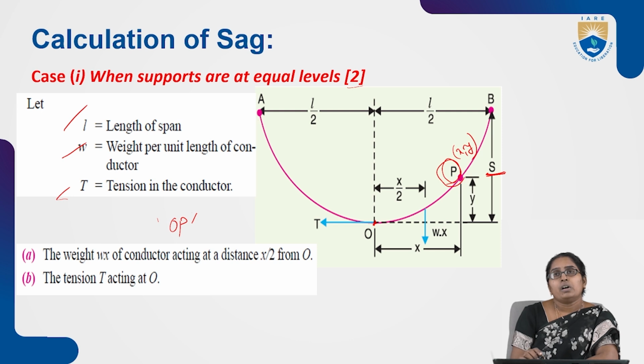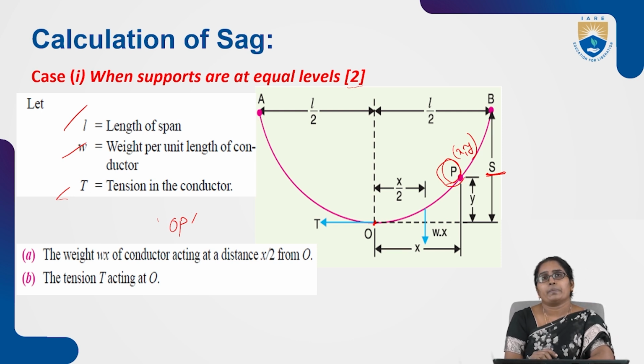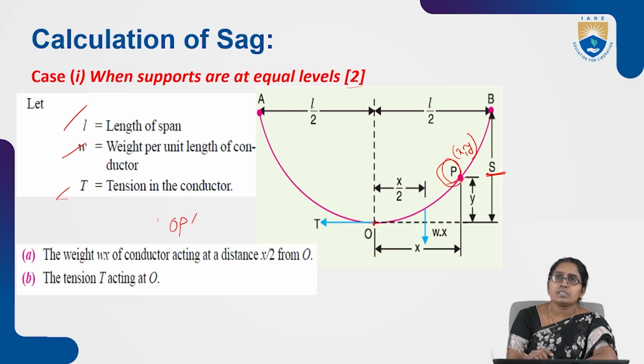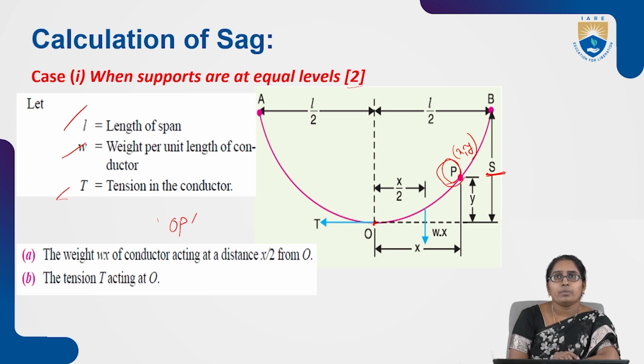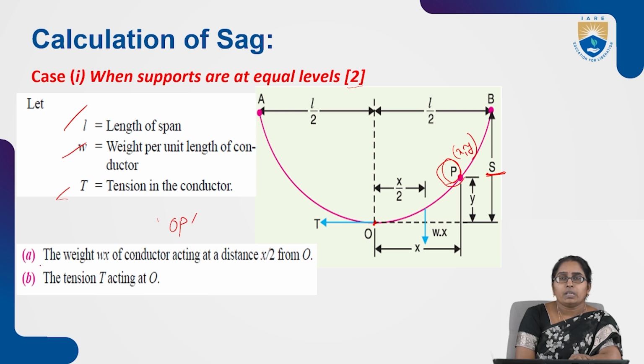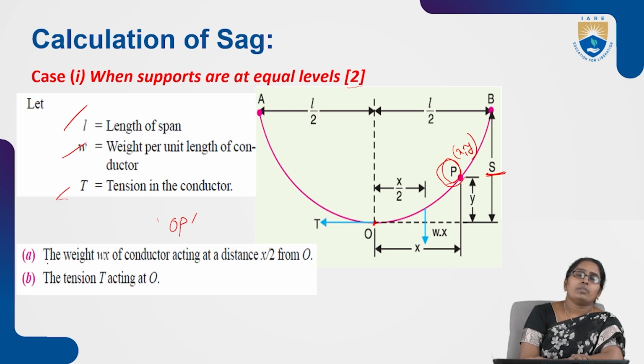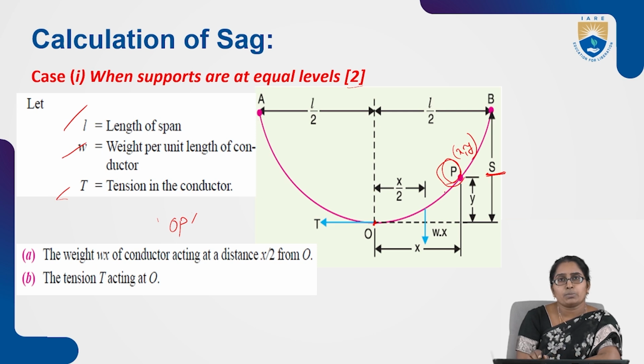Now, there are two forces acting on this small portion OP, as you can see here. The first force is the weight of the conductor, Wx, with respect to the small portion OP.